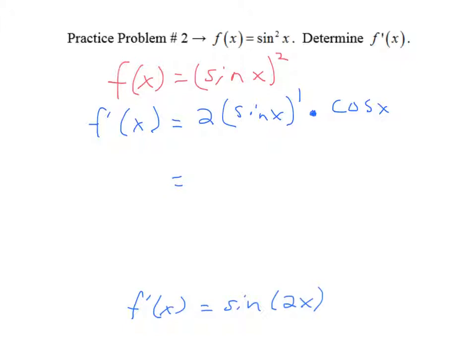So I'm thinking you probably got 2 sine x times cosine x. Okay, well, guess what? That means you got my answer also. Because remember, 2 sine x cosine x, that's the double angle identity for the sine. All right, good job.